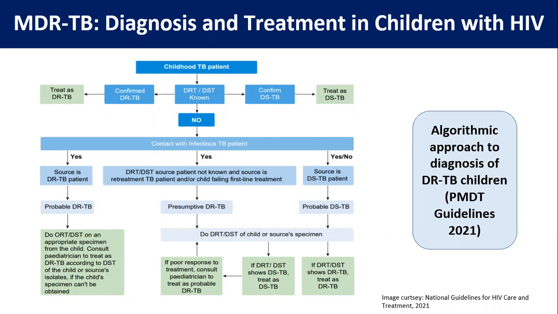In adult, the DRTB list that we have seen, many of the molecules will be used in the pediatric patient to formulate the DRTB regimen. So if we know the side effects of individual DRTB molecule, ATT molecule, we will be able to manage such a case in the ART center.